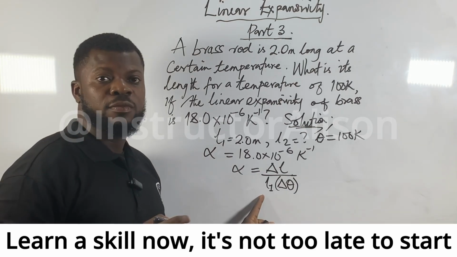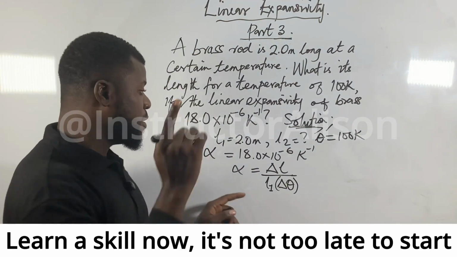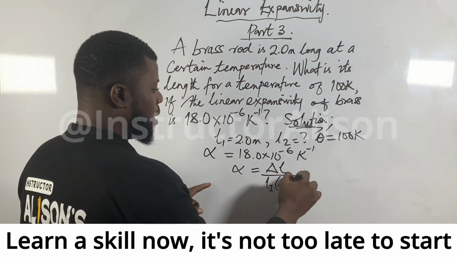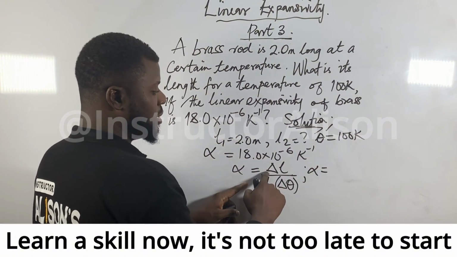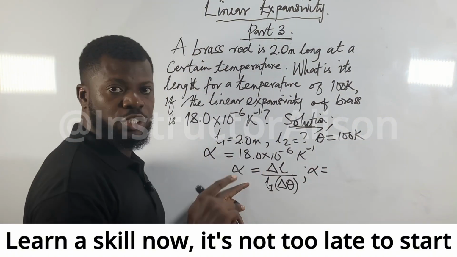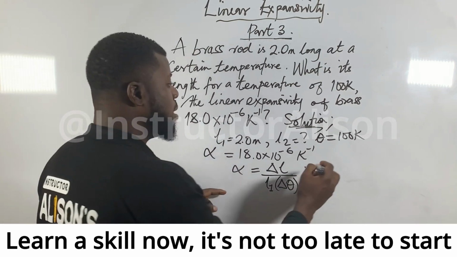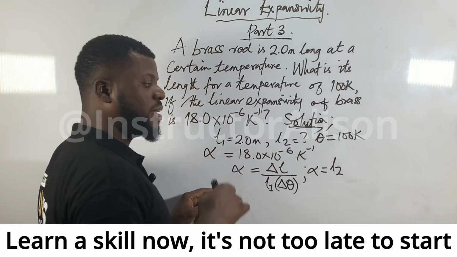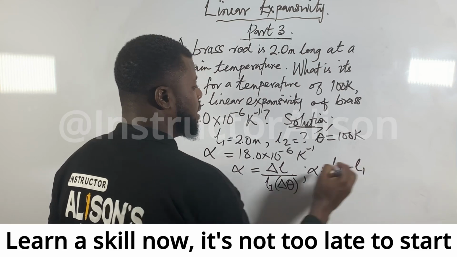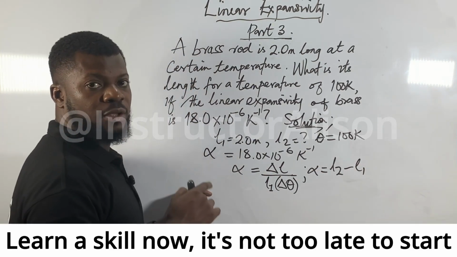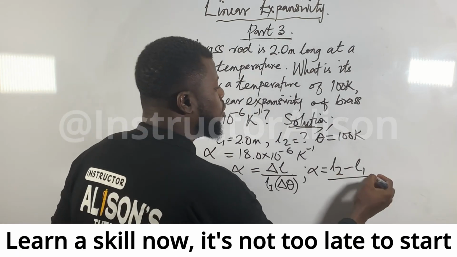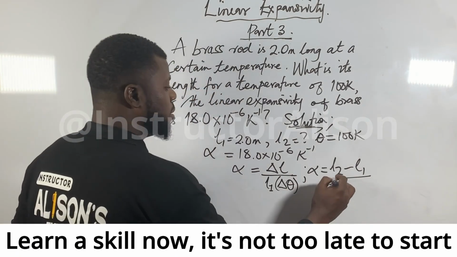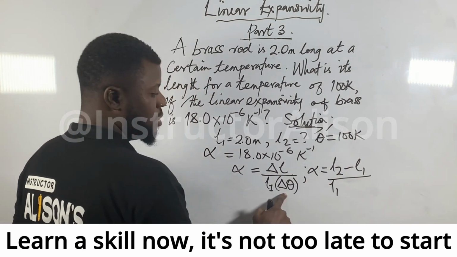That is the formula. If you want to expand this formula, the linear expansivity equals delta L, where delta means change in length, meaning the final length minus the initial length, L2 minus L1, L2 being the final one and L1 the initial one, all over L1 times theta.